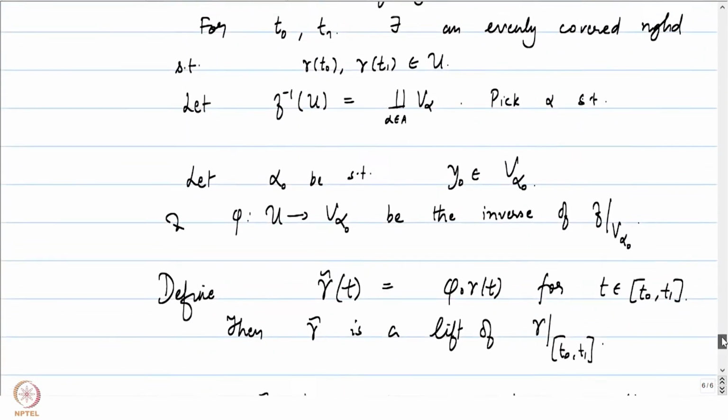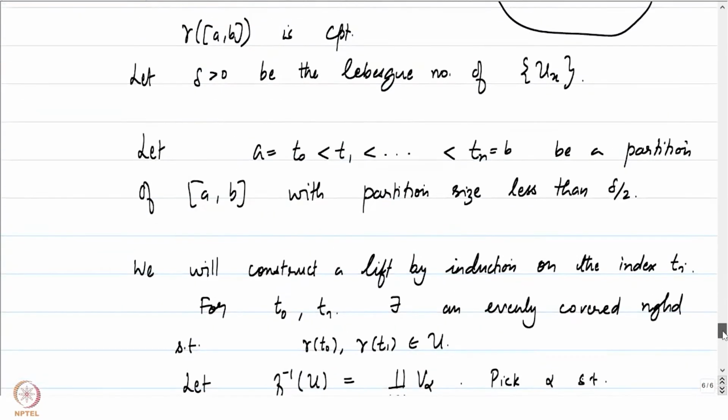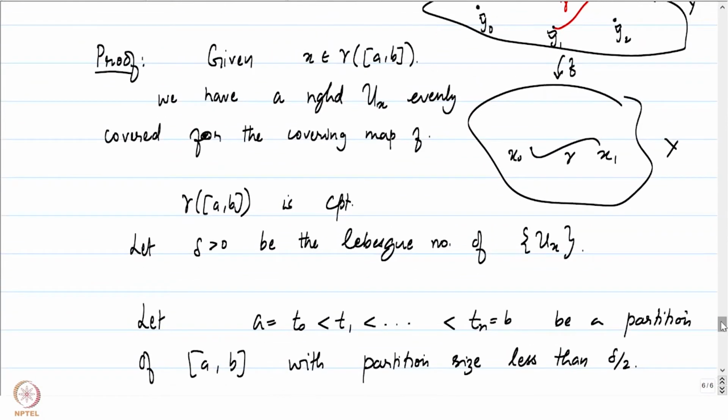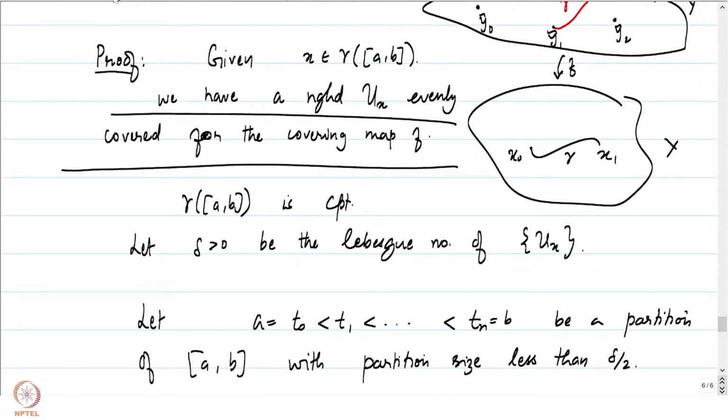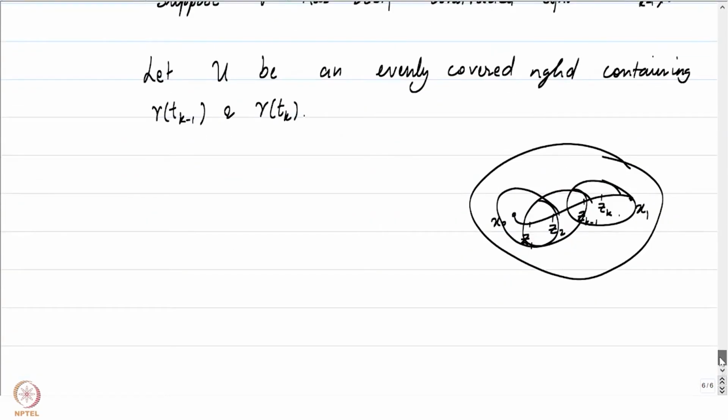Let's see where it was done. It was done somewhere here. Yes, so we had considered those neighborhoods which were evenly covered, and because our Lebesgue number is delta and the distance of these two is less than delta by 2, this is certainly possible. So we do have an evenly covered neighborhood U, and we just imitate what we just did.